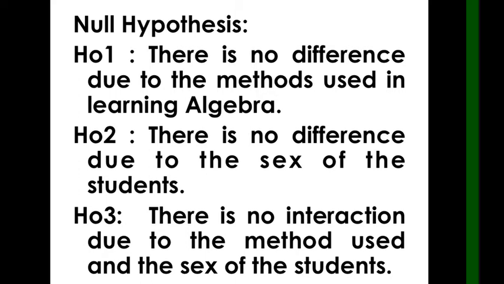So in HO1, we compare the three different methods. In HO2, we compare the sex. And HO3, we compare the interaction between the methods and the sex.